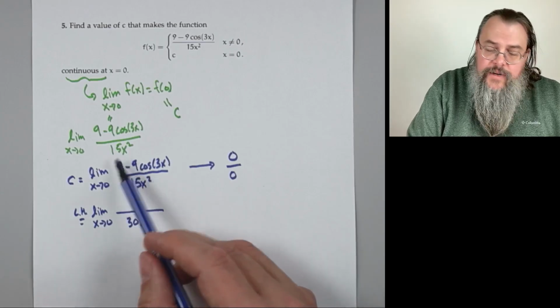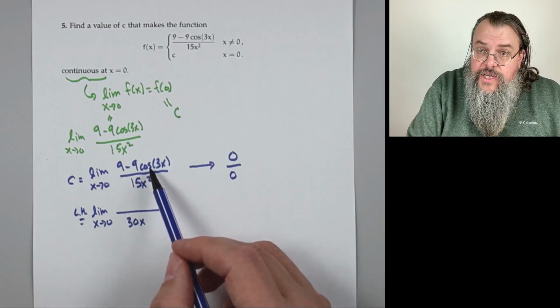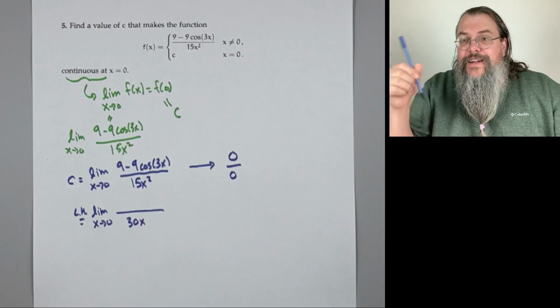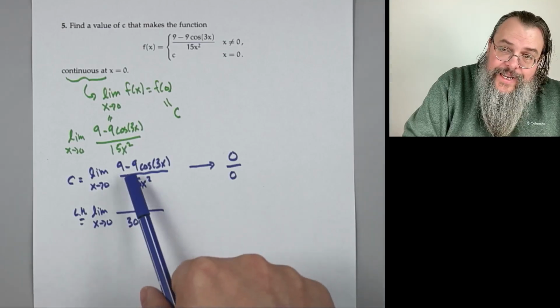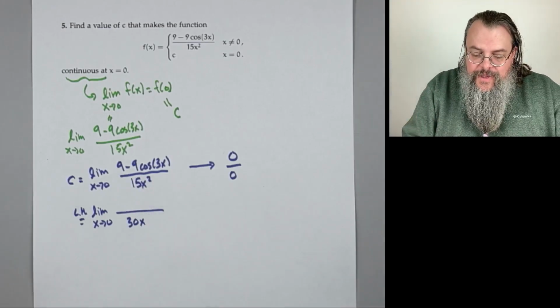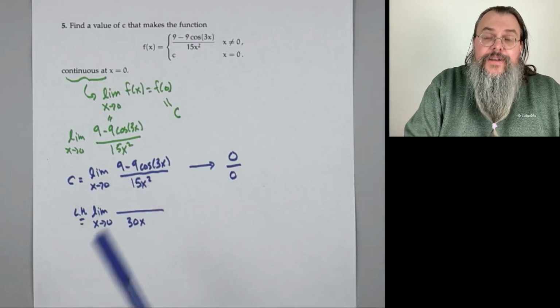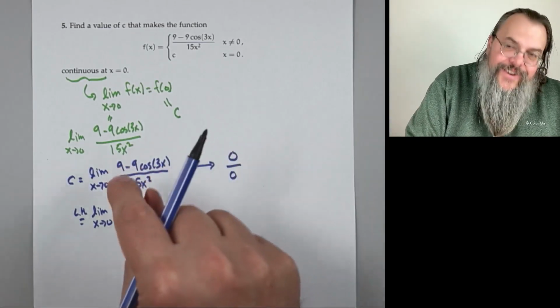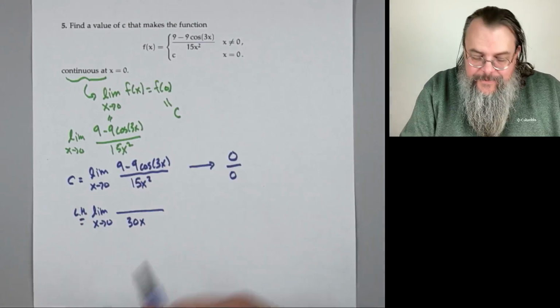Derivative of the top, derivative of 9 is 0. Derivative of cosine is a negative sign, but there's already a negative there, so it's going to end up with a positive. We have to bring a 3 out. There's already a 9 there, meaning we have a 27.